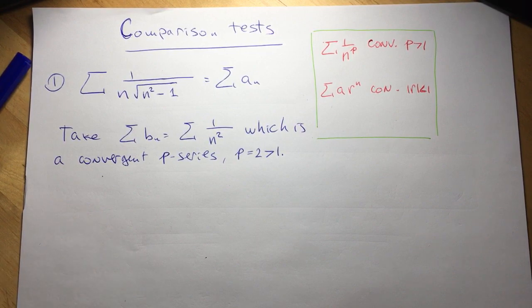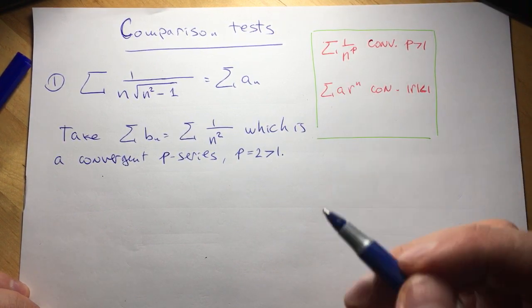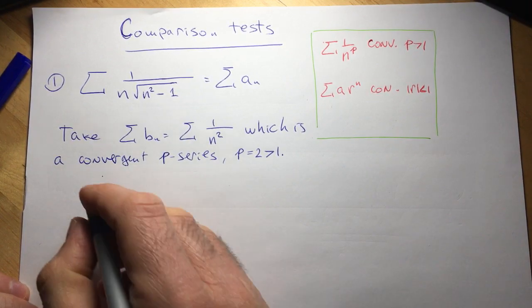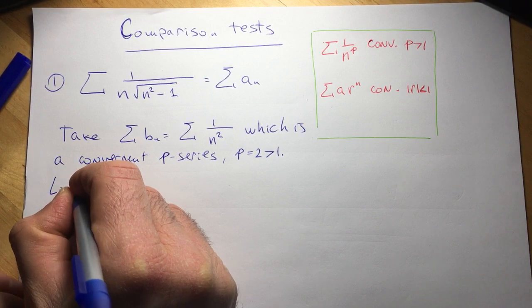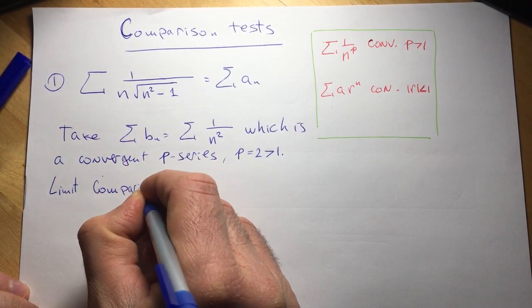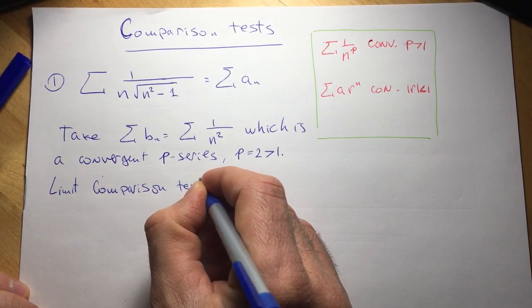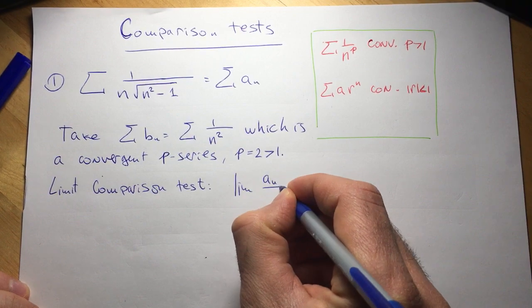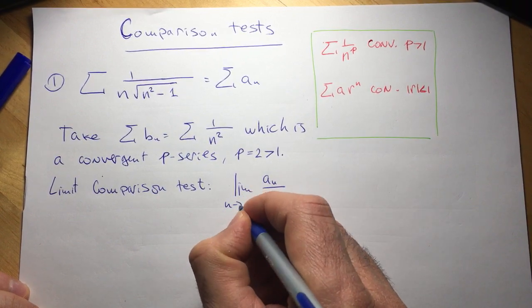Now the only thing left is to determine what test you are going to use, either the comparison test or the limit comparison test. The limit comparison test just asks what is the limit of the ratio a_n over b_n.